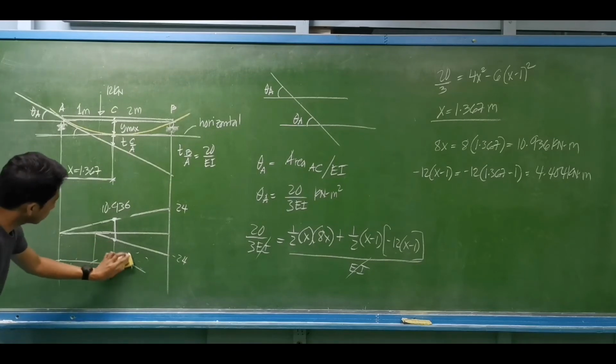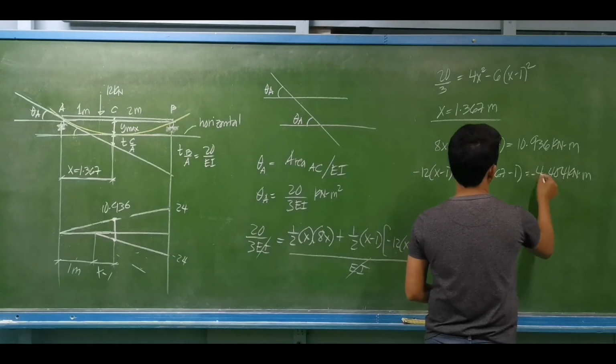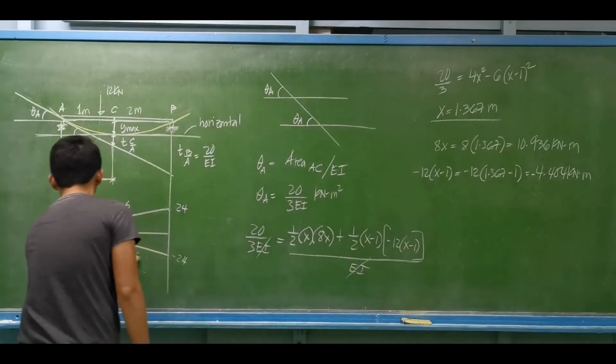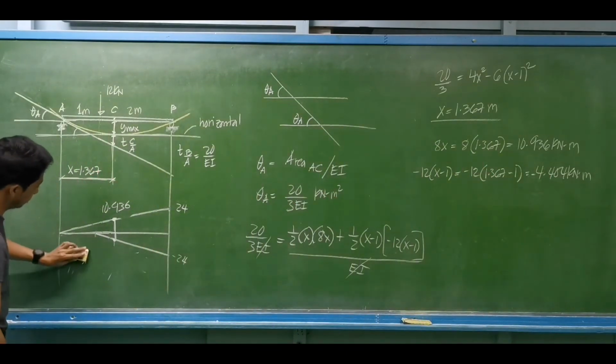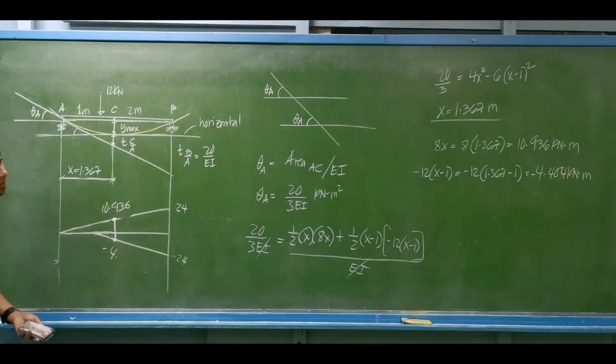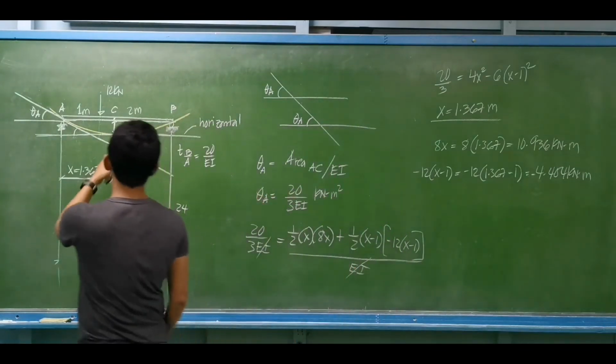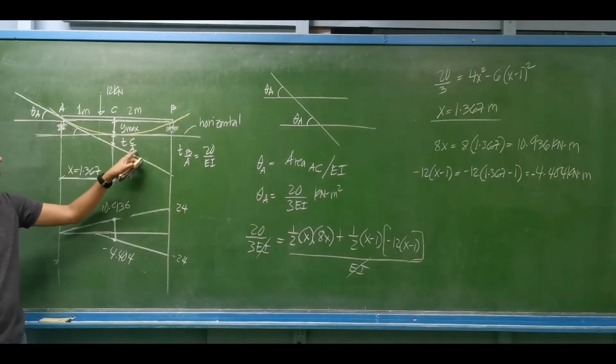Ito naman, supposed to be negative since nasa negative area moment siya, this is negative 4.404. Okay? So, before we compute for the maximum deflection, we need also the value of the deviation from A to C.